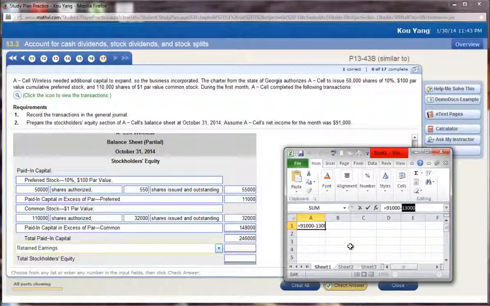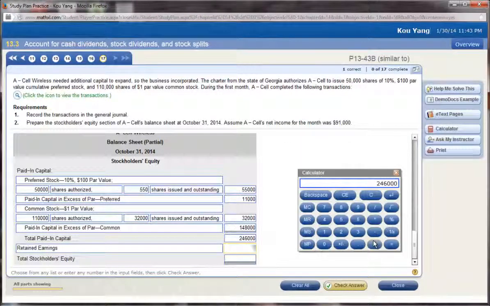So just think of the dividends as withdrawals. Except that corporations have shareholders and partnerships have partners. So the partners' withdrawal would be considered dividends to corporations. So that's 78,000 there. We'll put that in here.